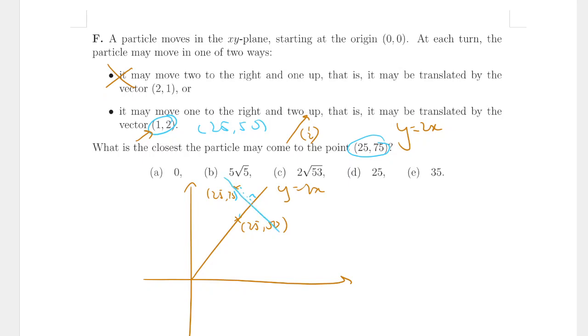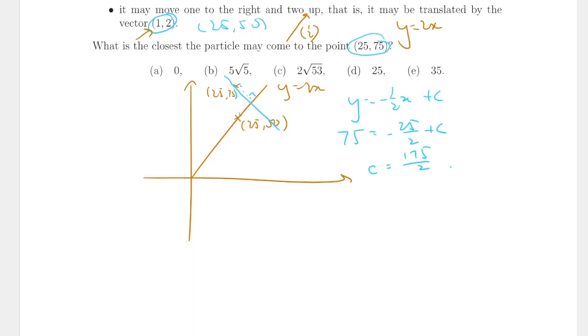The gradient will be -1/2, so y = -1/2 x + c. Now I'm going to figure out c: 75 = -25/2 + c. So c is 175 divided by 2. Good, now I just solve simultaneously with y = 2x to get the intersection point.